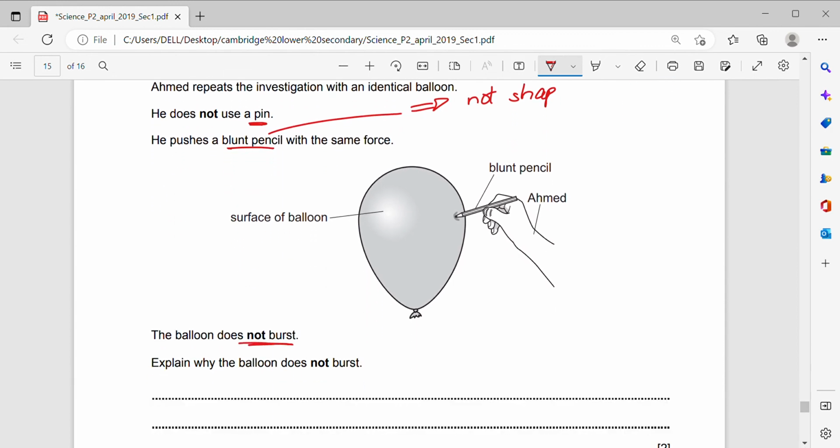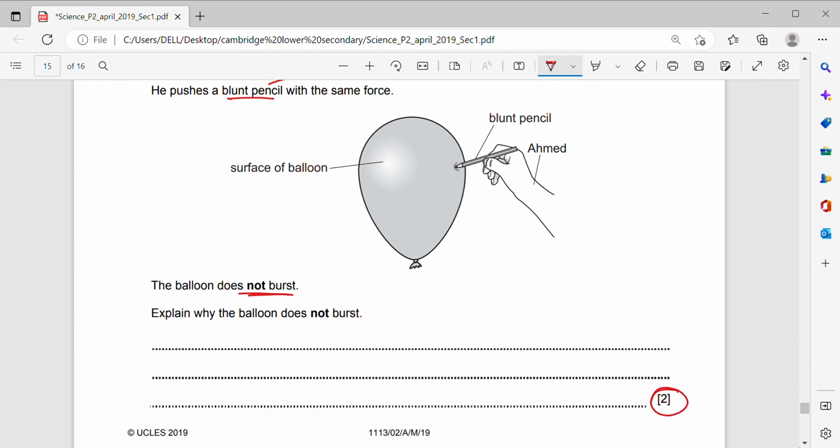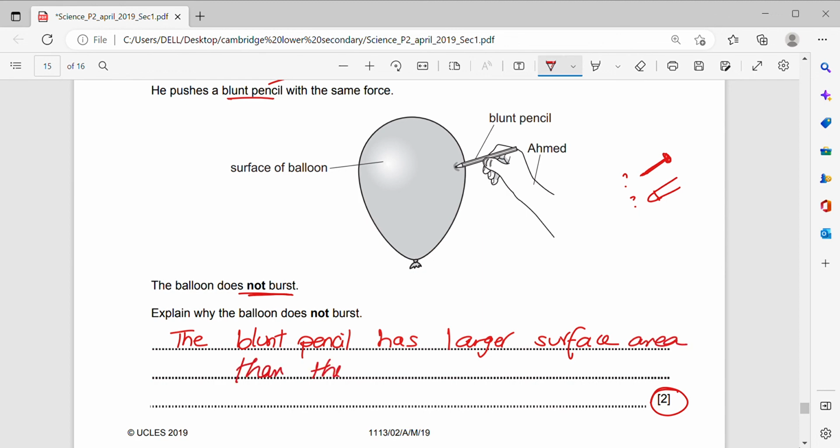Explain why the balloon doesn't burst. ايه هو الديفرنس هنا ما بين البن اوكي والبلانت بنسل هنا وهنا؟ ايه الديفرنس ما بين ده وده؟ Great. السيرفيس area. يبقى هنا the blunt pencil has what? The blunt pencil has larger surface area than the pin.